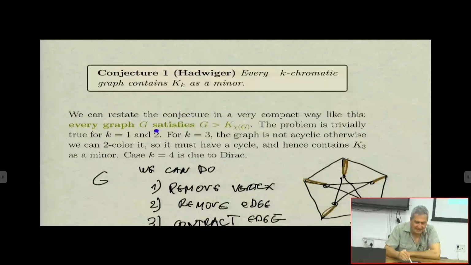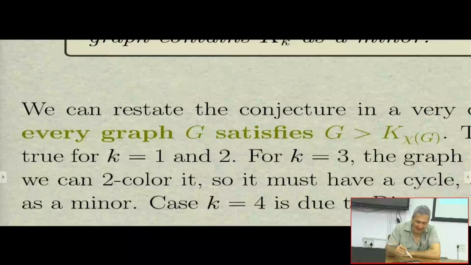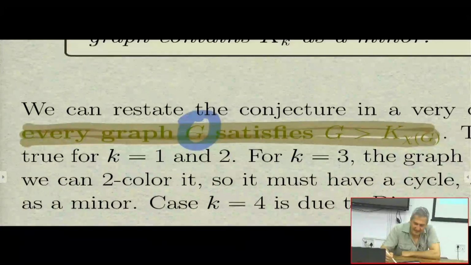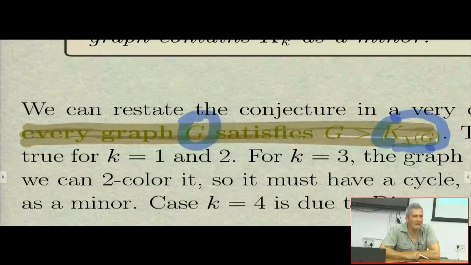Every graph G satisfies G contains K_k as a minor, where k is the chromatic number of G. The same claim can be put this way: every graph G contains the complete graph of order the chromatic number of G, yes.